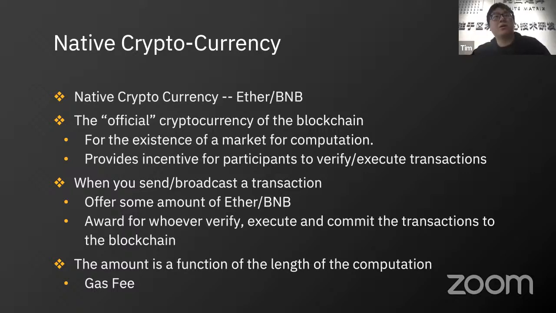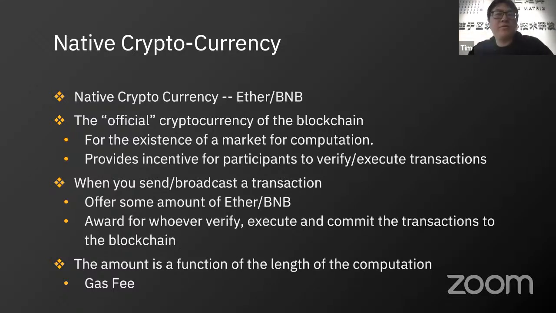So the official cryptocurrency of the blockchain is used when you send or broadcast a transaction: you can offer some amount of Ether or BNB, namely the cryptocurrency in Binance Smart Chain, as an award for whoever verifies, executes, and commits the transaction to the blockchain.